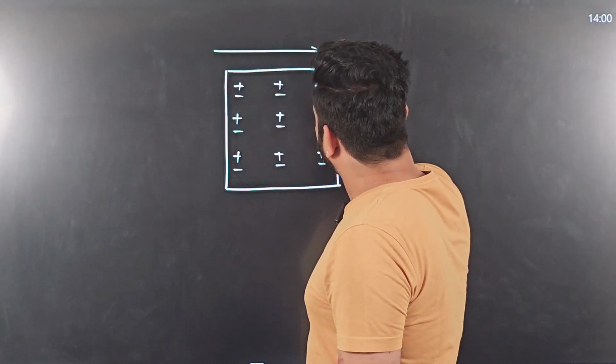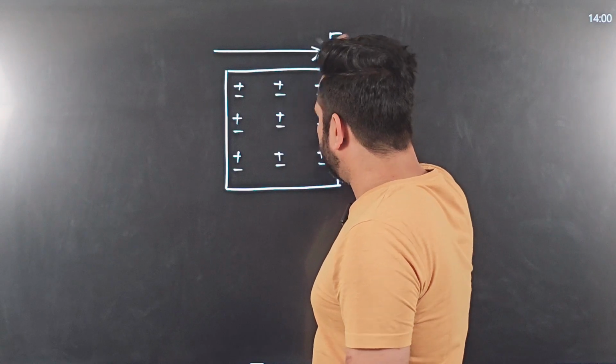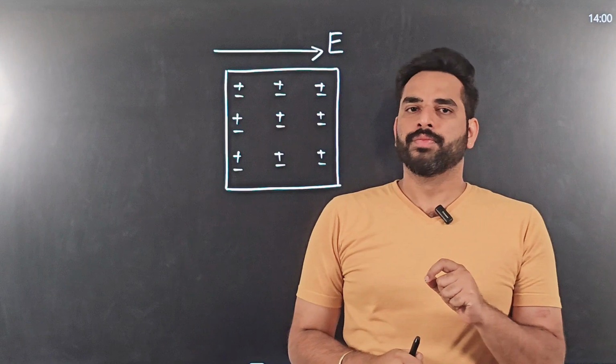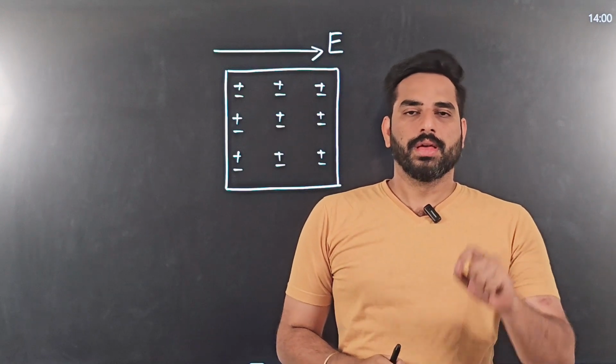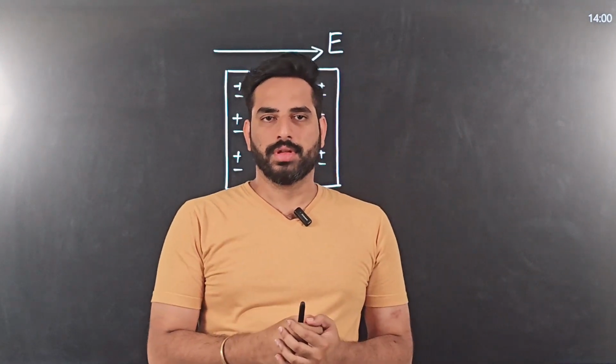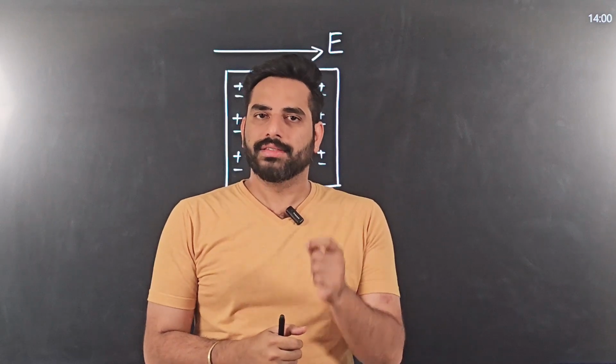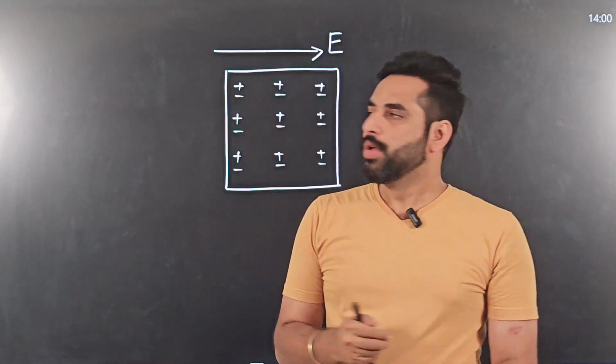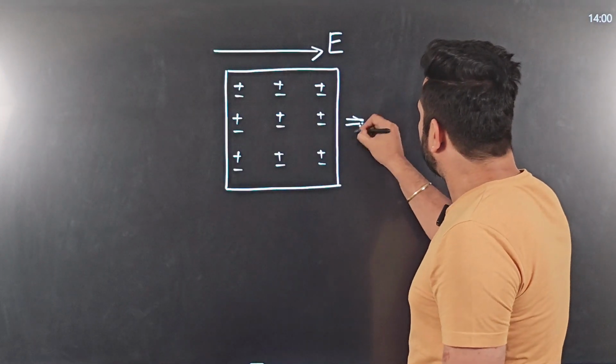When this dielectric material is subjected to external electric field E, the charges inside the dielectric medium will experience force, but they cannot move. All that will happen is the charges will slightly shift from their equilibrium positions, which will cause polarization.